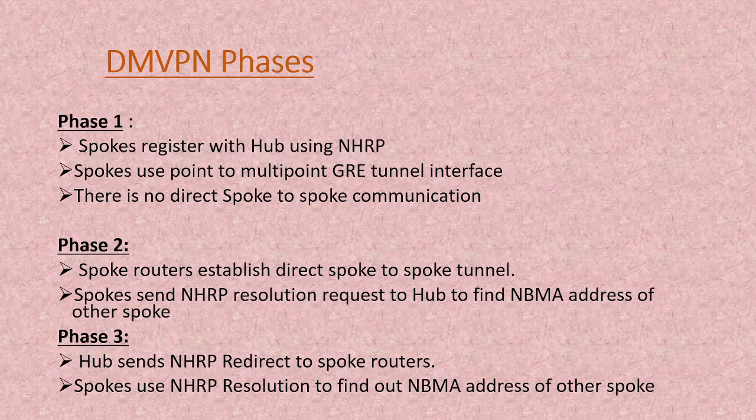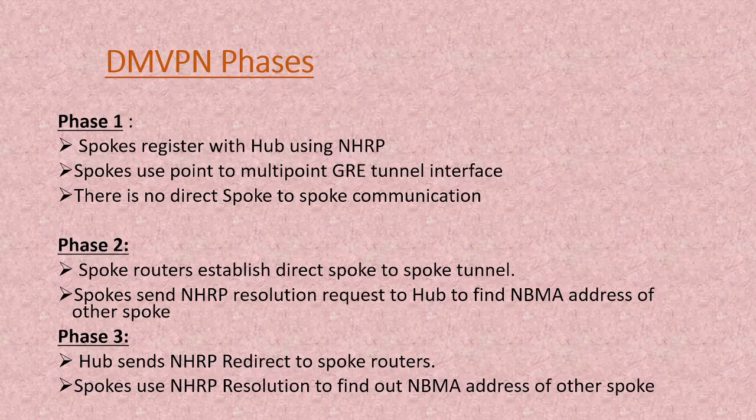In phase 2, spoke routers establish a direct spoke-to-spoke tunnel, and they send the NHRP resolution request that I was telling you about, for the public address to the hub, to find the NBMA address of the other spoke. And in phase 3, the hub sends an NHRP redirect message to spoke routers, informing them about the NBMA address of other spoke routers.